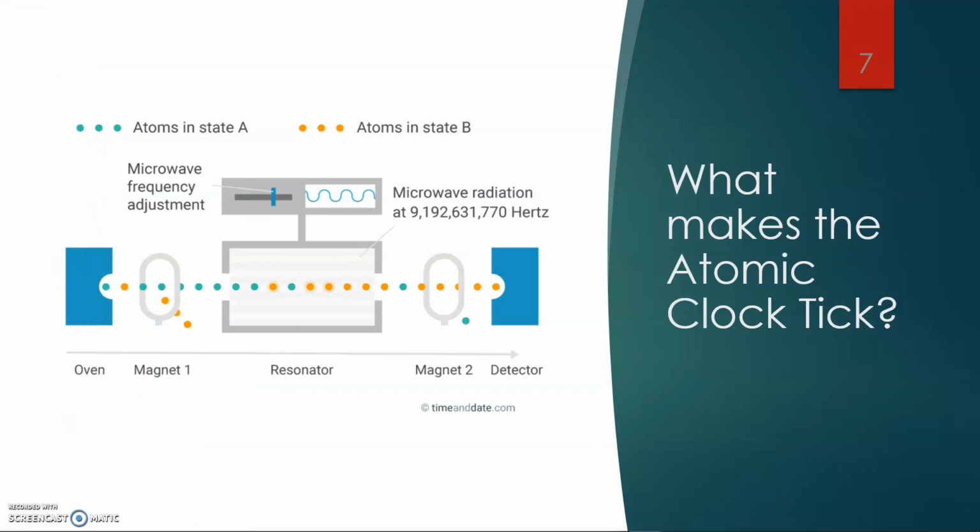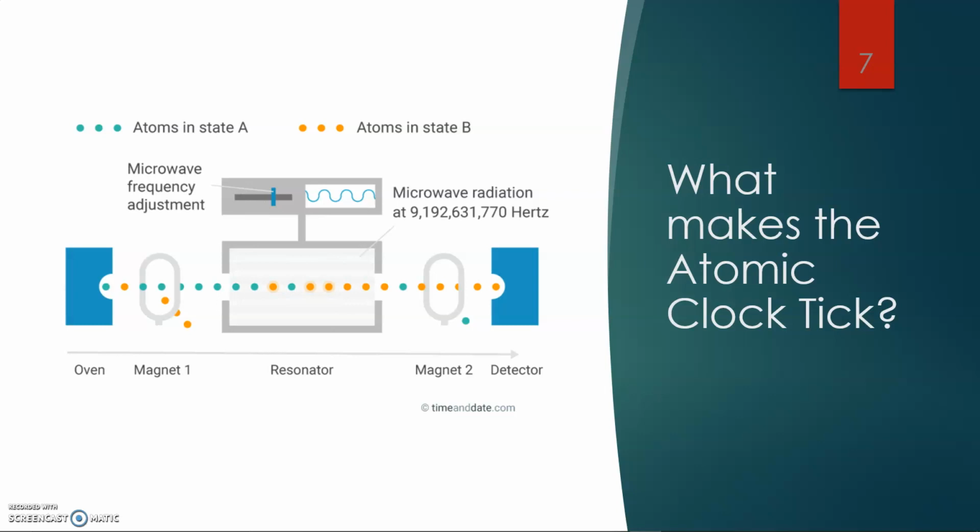In an atomic clock, first the atoms are heated in an oven and bundled into a beam. Each atom has one of two possible energy states. They are referred to as hyperfine levels, but let's call them state A and state B. A magnetic field then removes all atoms in state A from the beam, and so only atoms in state B remain.